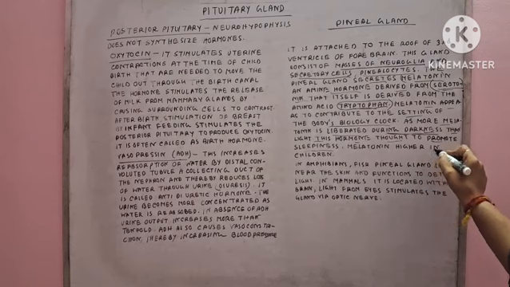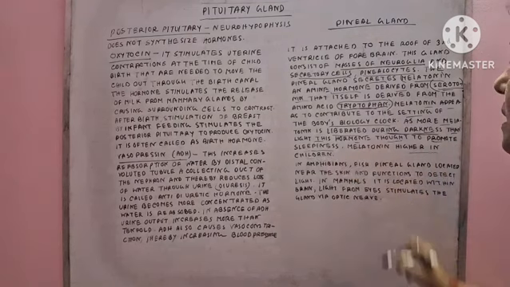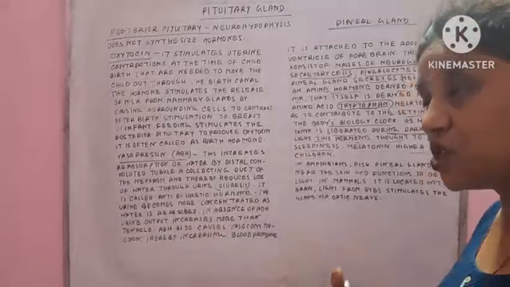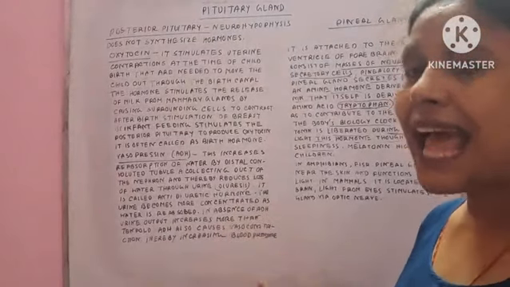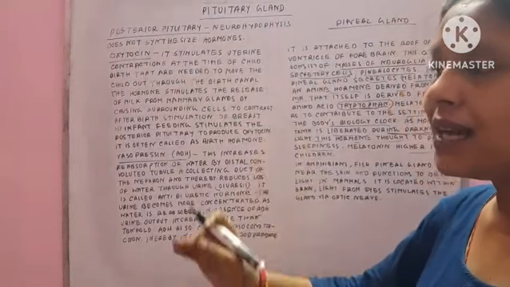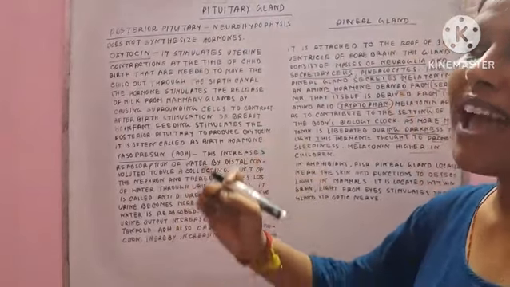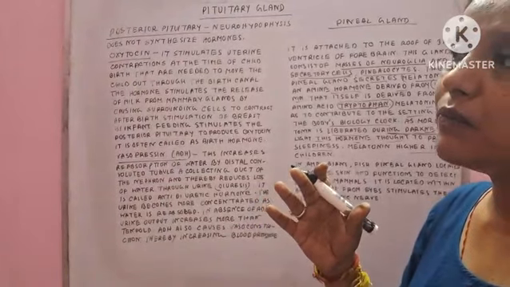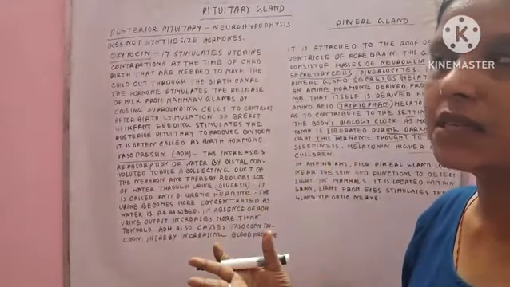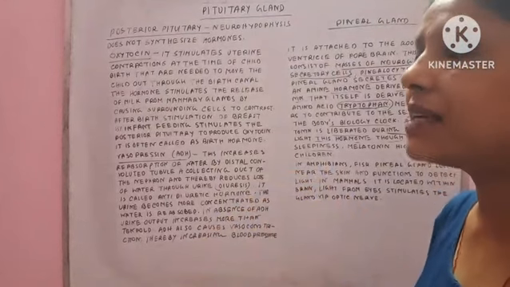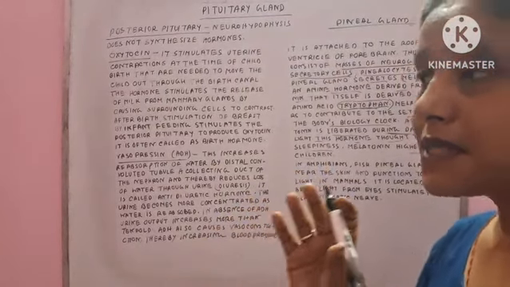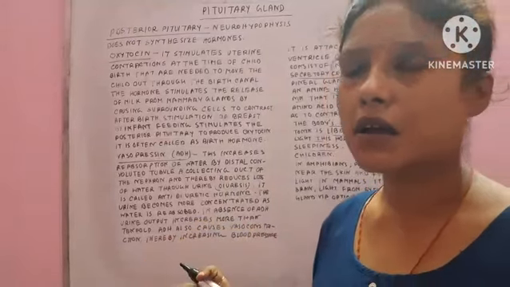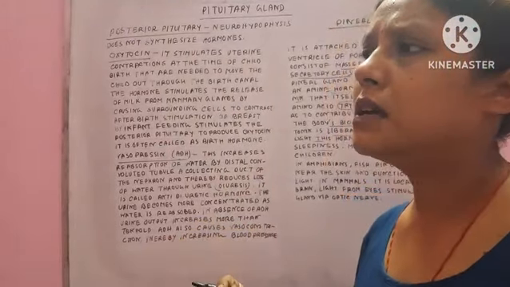Now melatonin secretion is much higher in children than in adults. When age increases, in an aged person you can see that sleepiness is very rare, they can sleep very little.